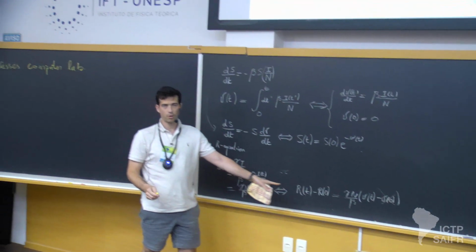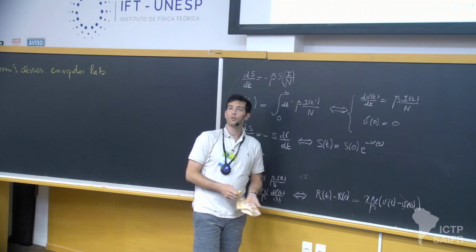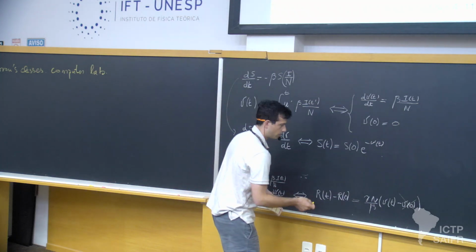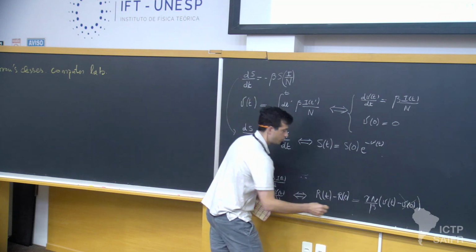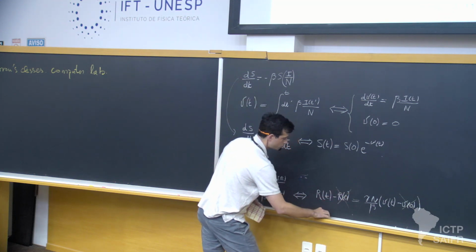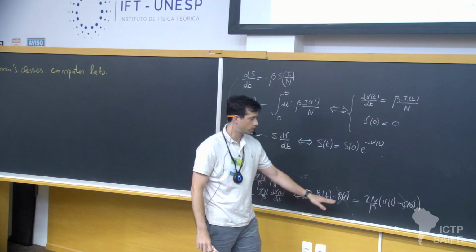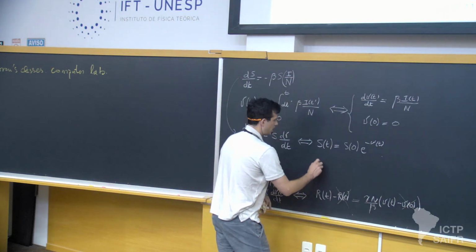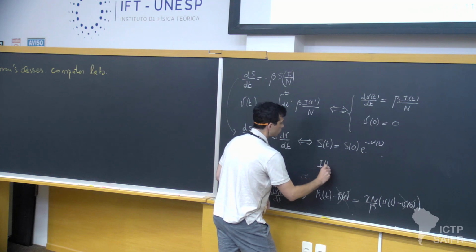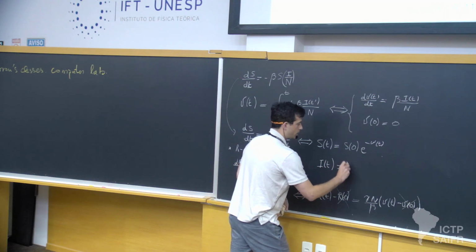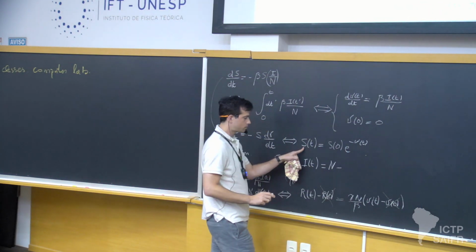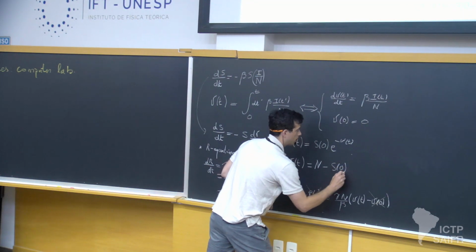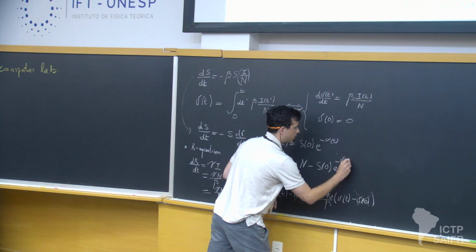In general, the number of recovered at the initial time could be anything, but just to simplify, I'm going to say, well, initially there is no recovered individual because it's a fresh population, so this is 0. So you just have R of t is equal to gamma N over beta times nu. And now I of t, well, it's simply the population number N minus S and minus R. So minus S0 exponential of minus nu of t.